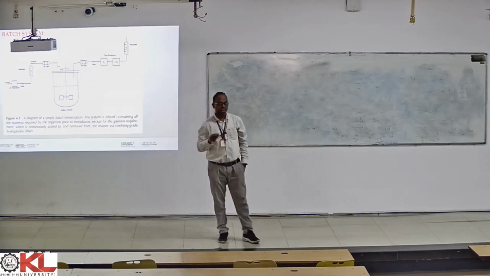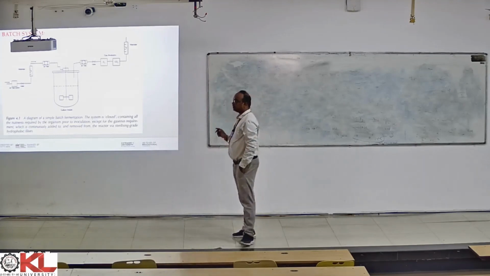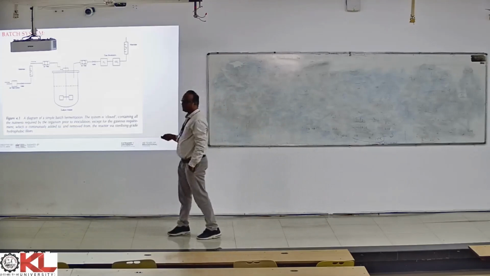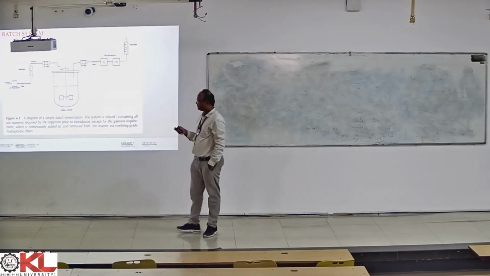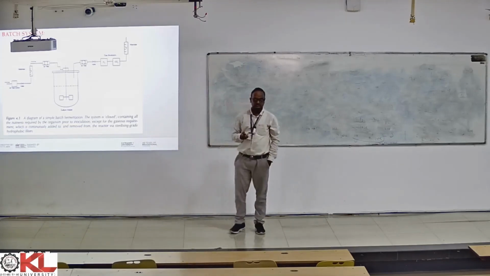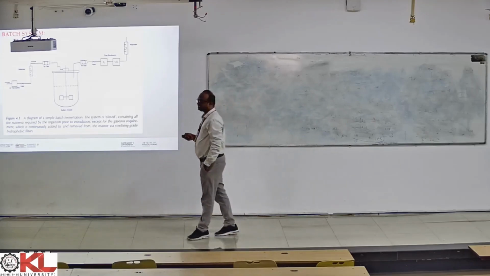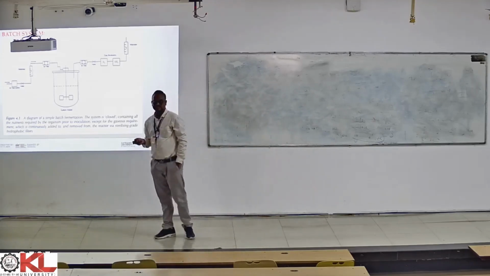We are going to close it, and once we close it, we are not going to open the bioreactor until the product is formed inside. So there is very minimal chance of contamination inside the batch system.